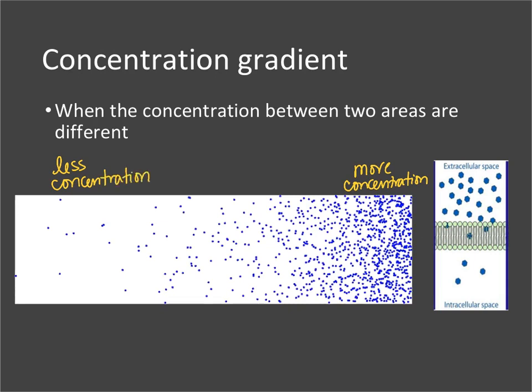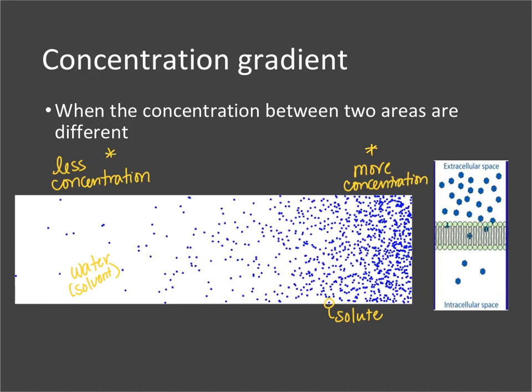Think of these little blue dots here as being our solute, and this white part here would be our water, or our solvent. So we can clearly see that there are more of these blue dots in one area compared to the other area. So this forms a gradient.